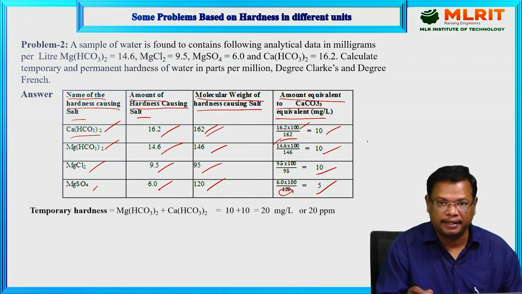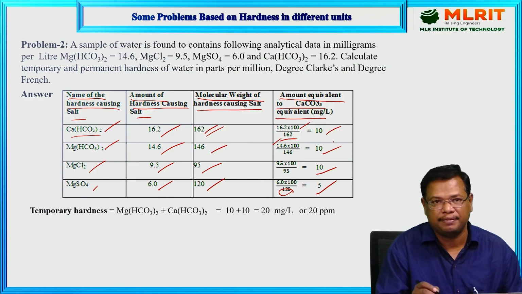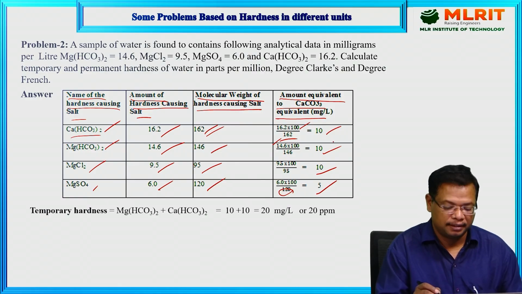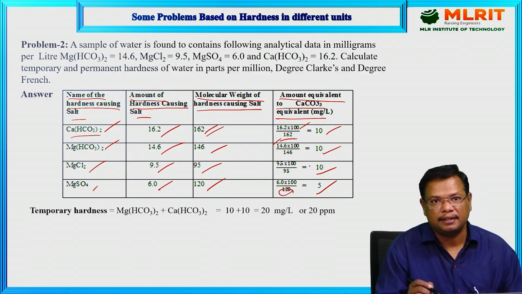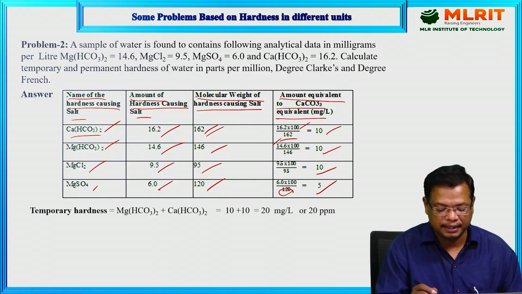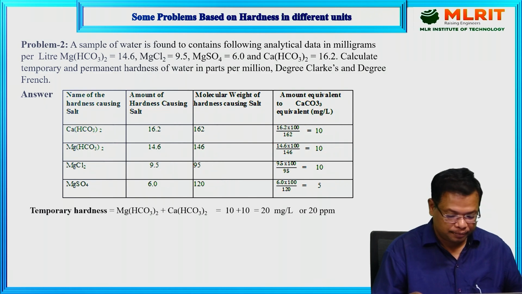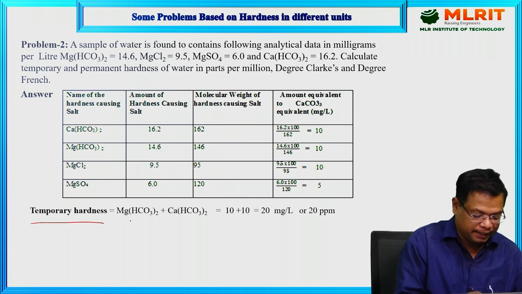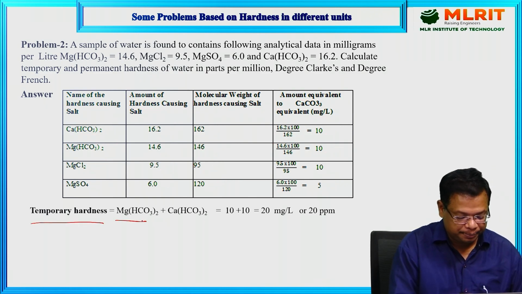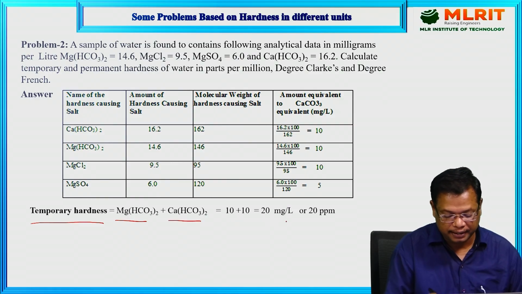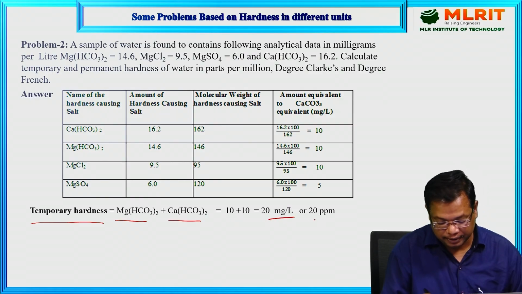It becomes very easy to calculate. So calcium carbonate is a standard reference for the hardness causing salts to calculate the total hardness, either permanent or temporary hardness. In terms of total hardness, we can calculate like this. Temporary hardness is due to bicarbonates, magnesium bicarbonate and calcium bicarbonate: 10 plus 10 equals 20 mg per liter or 20 ppm.